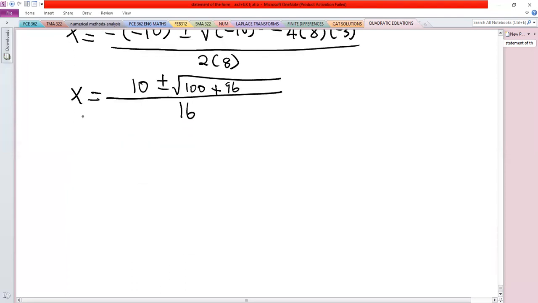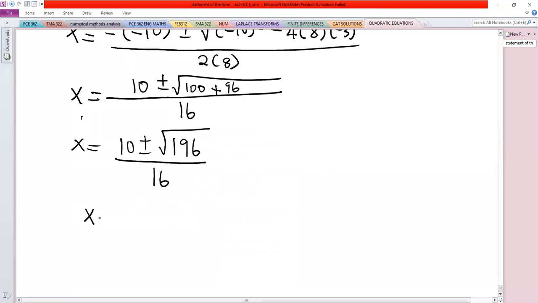So that tells us that x will be 10 plus or minus square root of 96 plus 100, which is 196, divided by 16. Now x will be 10 plus or minus 14 over 16.